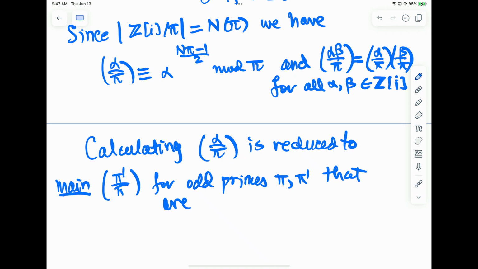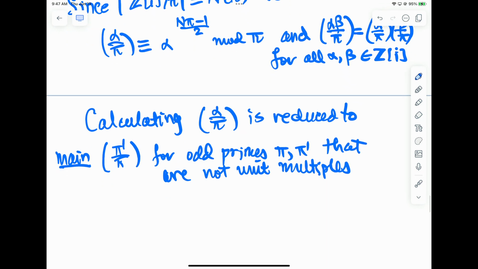I don't want to say distinct because if they were unit multiples, the main law doesn't use that. In the integers, we just take positive primes, so we don't really think much about distinctness; there wouldn't be unit multiples because they're both positive. But here, for odd primes that are not unit multiples, there is a formula for that in terms of pi on pi prime.